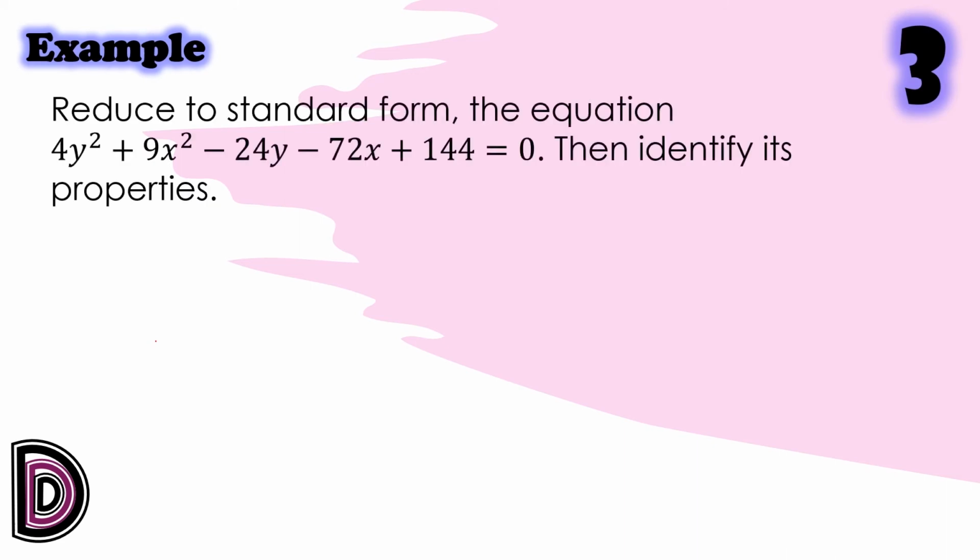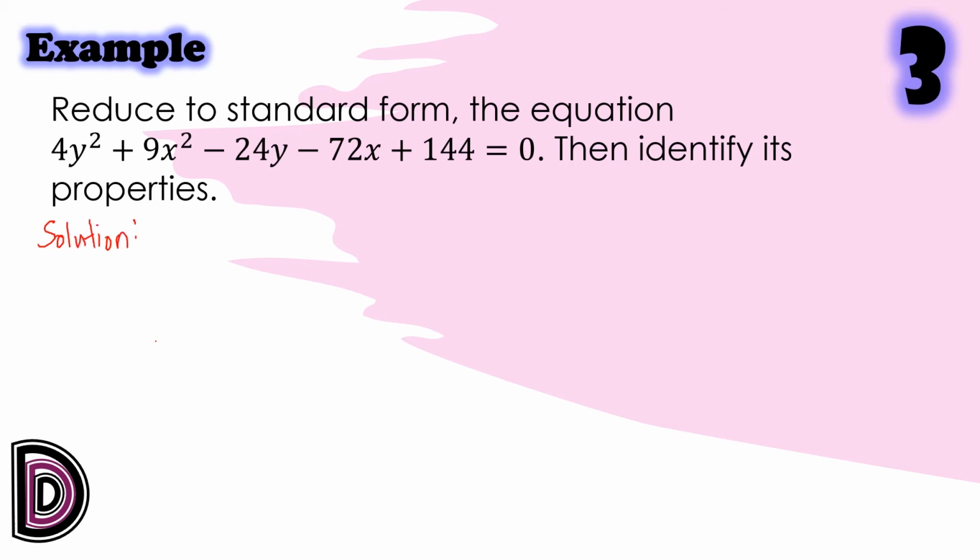Example number 3. Reduce to standard form the equation 4y² plus 9x² minus 24y minus 72x plus 144 equals 0. Then identify its properties. In here, we are given the equation of the ellipse in its general form.